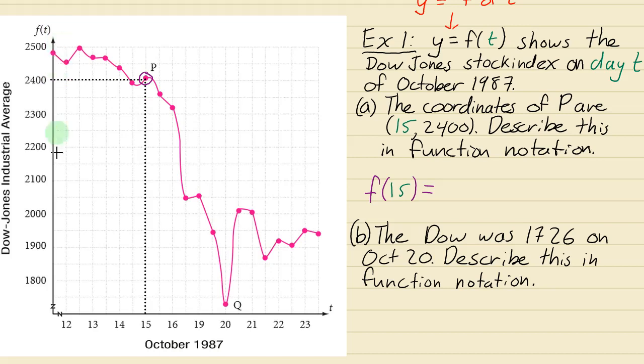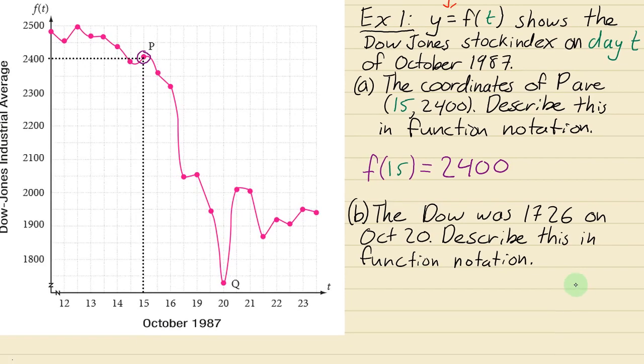So the vertical axis and f of t here mean the same thing. That means the result of doing f of 15 is 2400. So this also means that on day 15 the Dow Jones Industrial Average was $2,400.